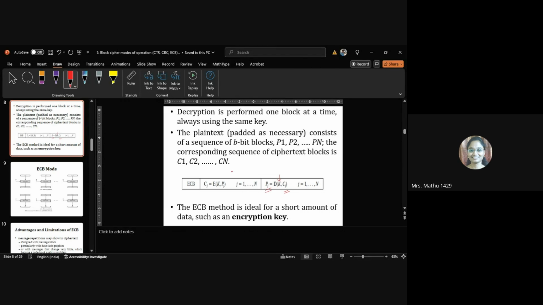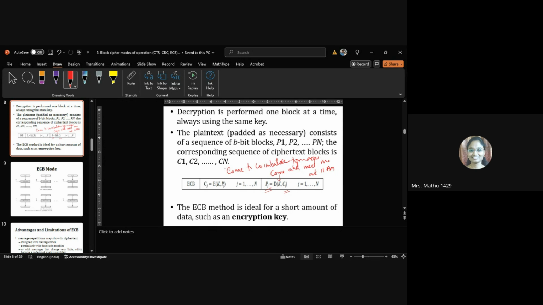For example, I'm just writing: come to Coimbatore tomorrow, and come and meet me at 11 o'clock.